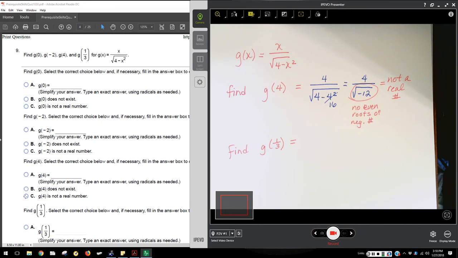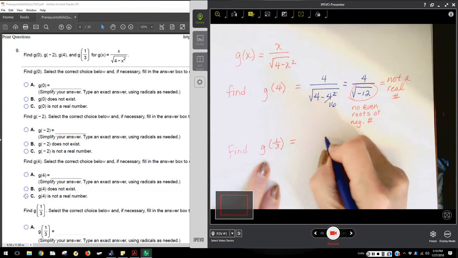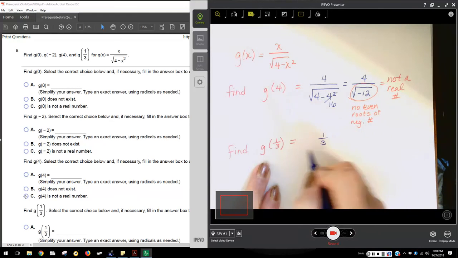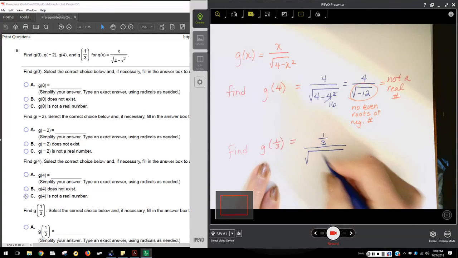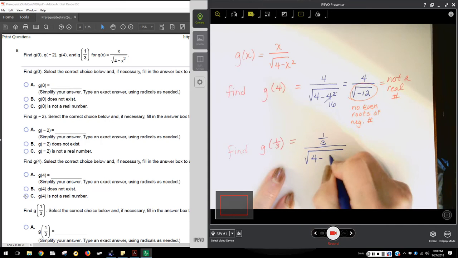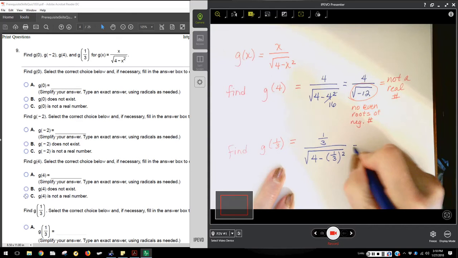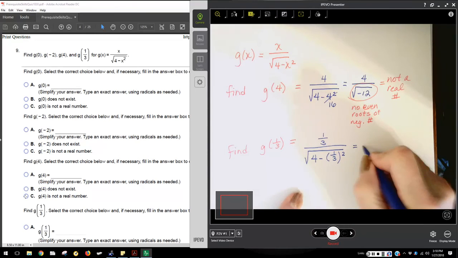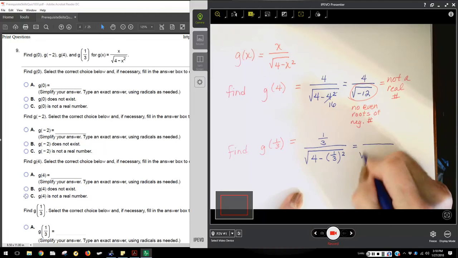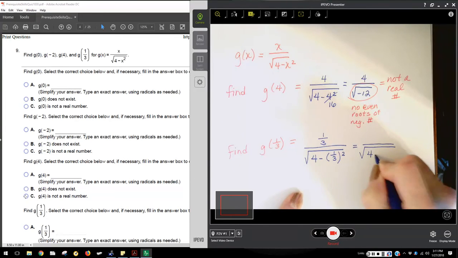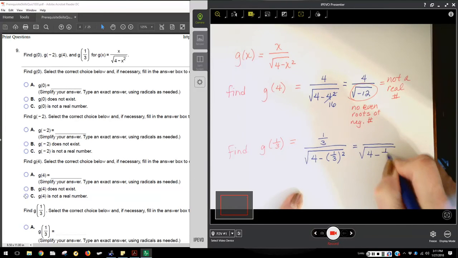Now let's check out why we got the answer we did for 1/3. For 1/3, x is equal to 1/3, so that's 1/3 divided by the square root of 4 minus 1/3 squared. First thing we're going to do is focus on what 4 minus 1/3 squared is. So that's the square root of 4 minus 1/3 times 1/3, which is 1/9.